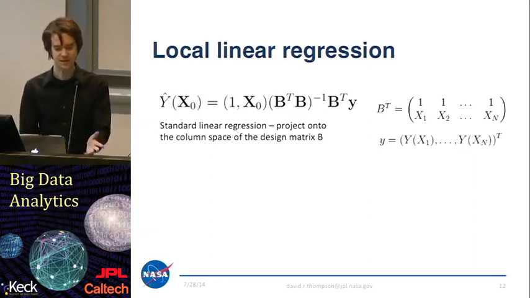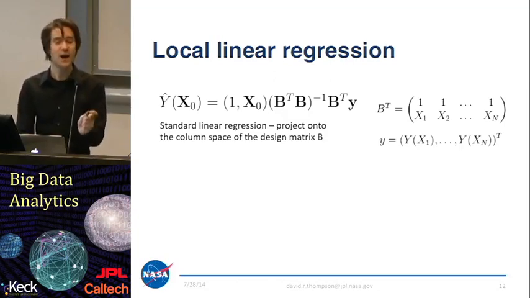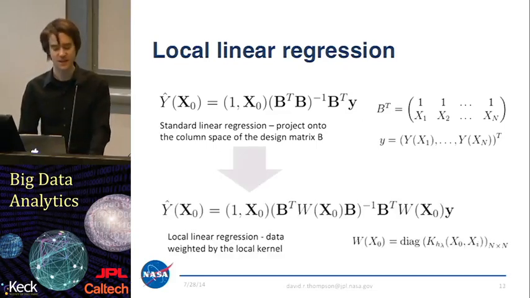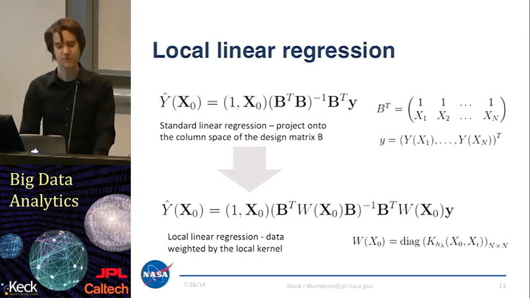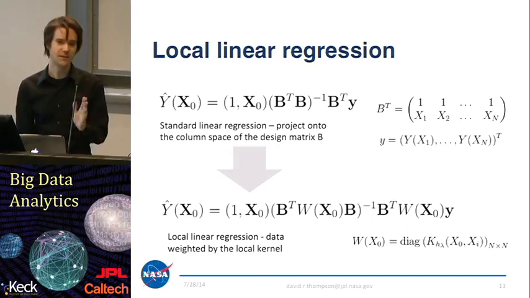This projects the data onto the column space of the design matrix B, which is the basic premise here. Now, if we add kernel weights to this, so that we weight our nearest neighbors more highly in this regression, we get an expression that looks something like this. So we've added matrices W of x sub naught, which represent the kernel evaluation of all of the data points to the location x sub naught, right?